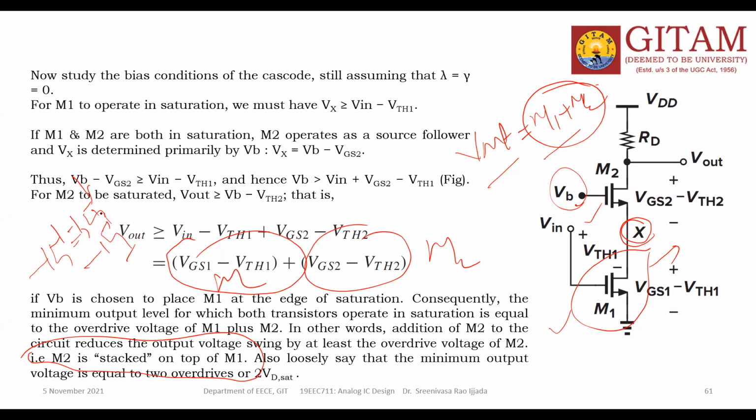Whenever you split one transistor, or replace one transistor with two transistors, for example, the aspect ratio of this device is W by L, where L is fixed, maybe in 90 nanometer technology. W is maybe 180 nanometers and L is 90 nanometers.